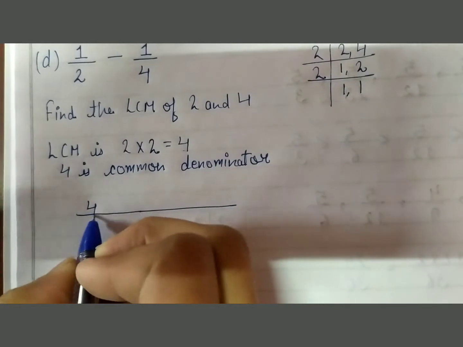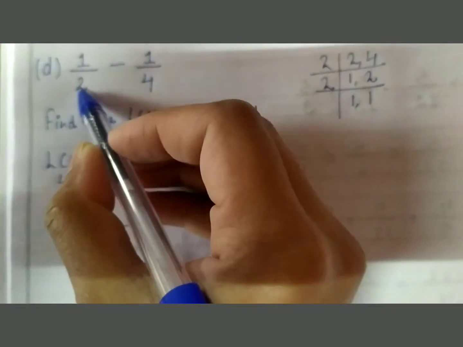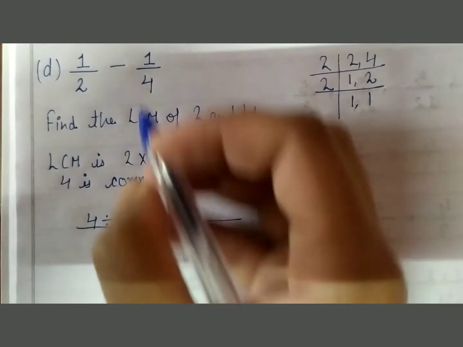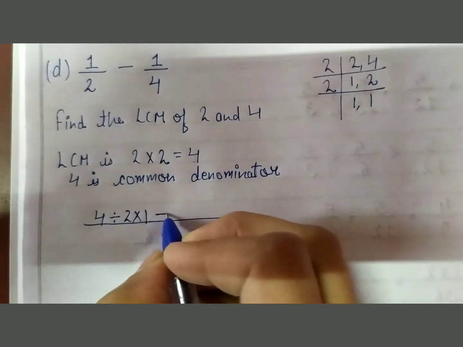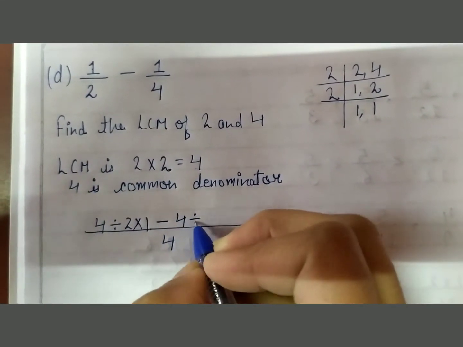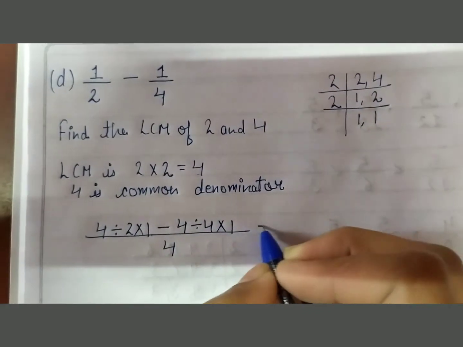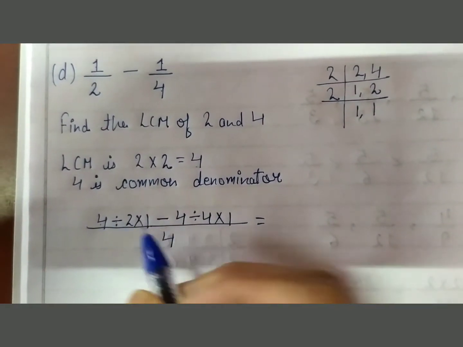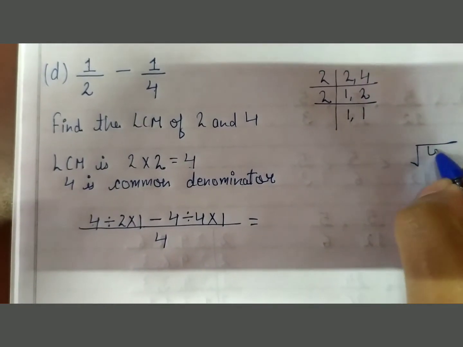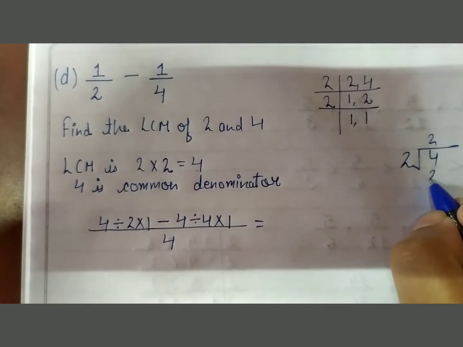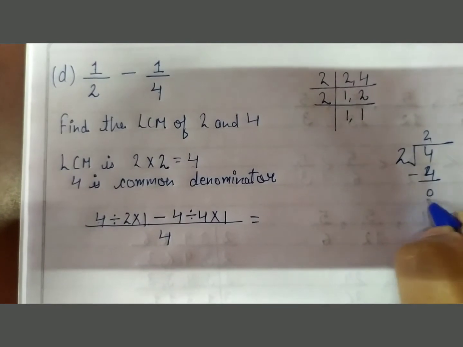Again write 4 divided by 2 multiply by 1, subtract, again write 4 divided by 4 multiply by 1. 4 divided by 2, 2 twos are 4. 4 minus 4 equal to 0.